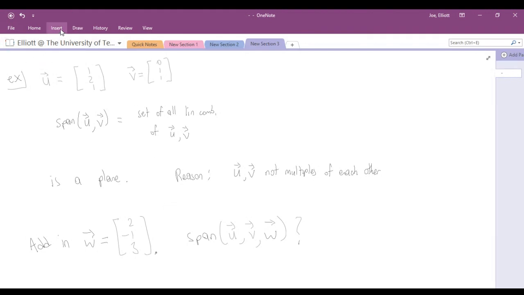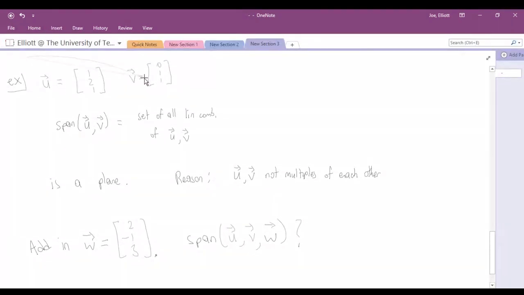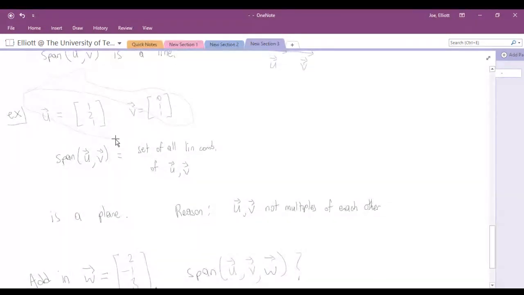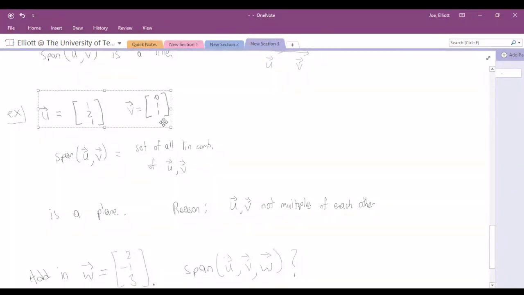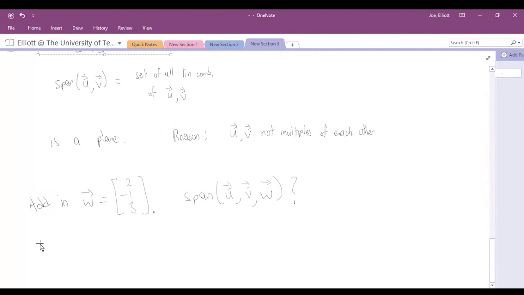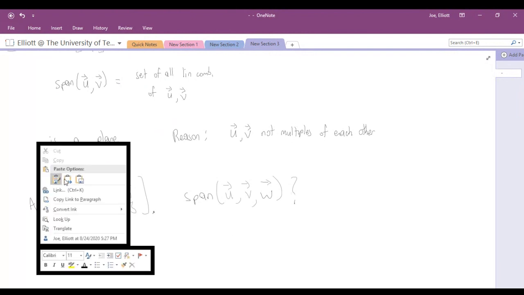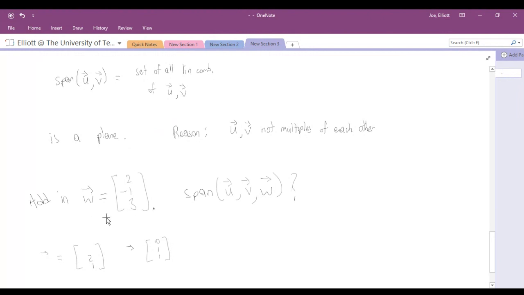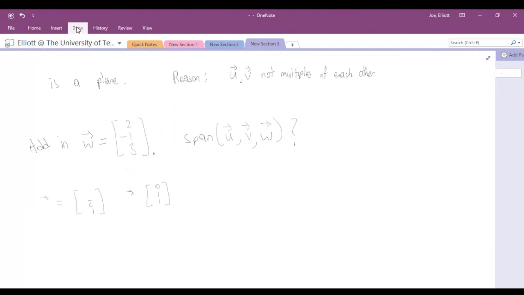I'll have my vectors u and v and w. Okay, so I think Lixie has the right idea.